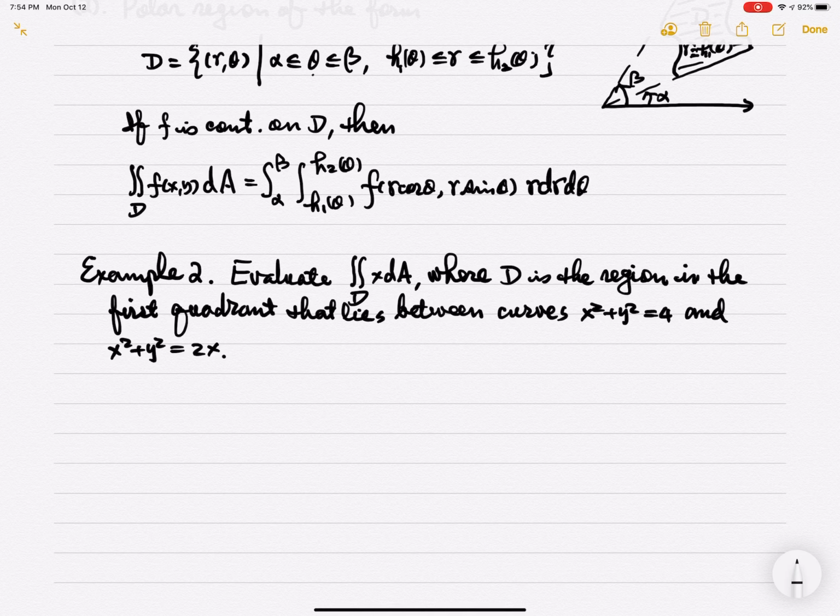If you look at it, those two curves are just two circles. Okay, so here let's see the solution.